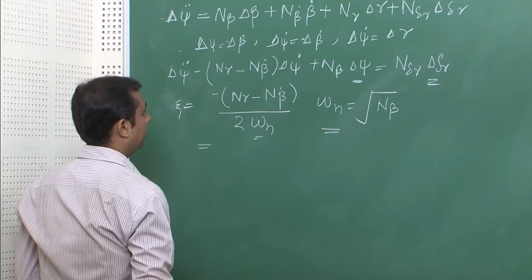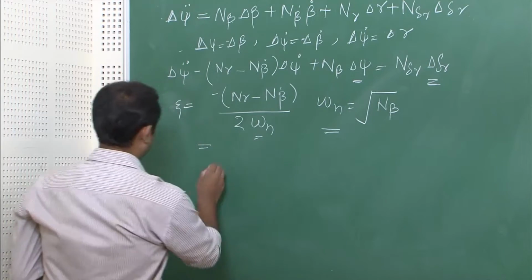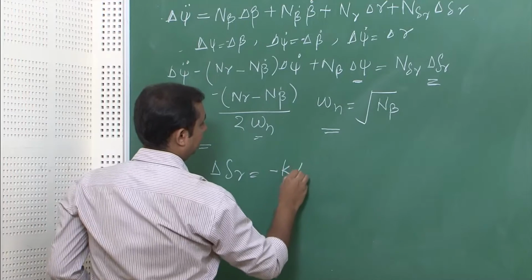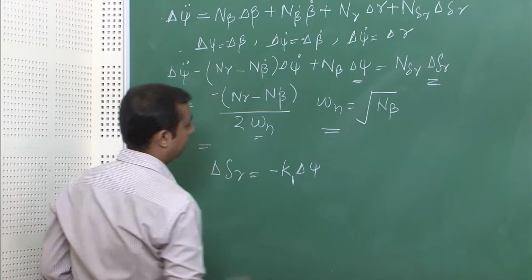So let me write delta r equals minus k1 of delta psi.